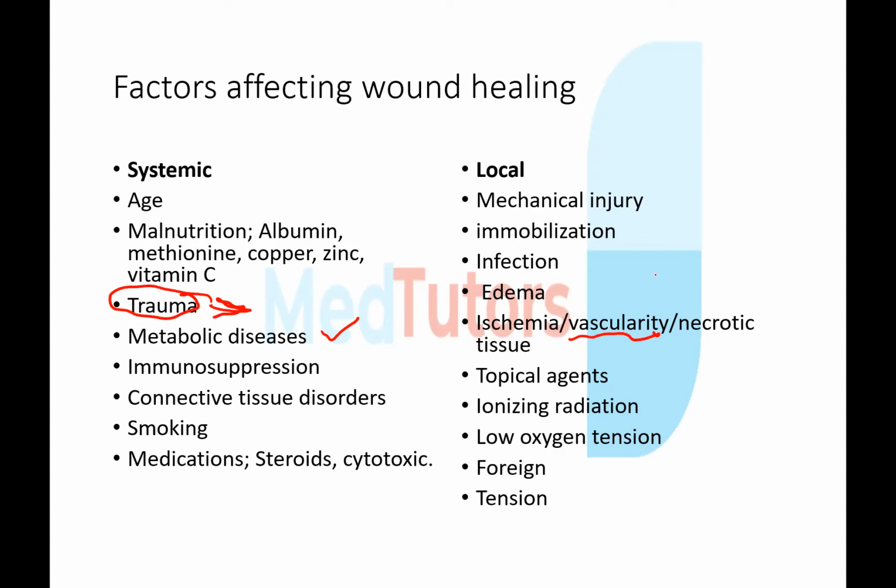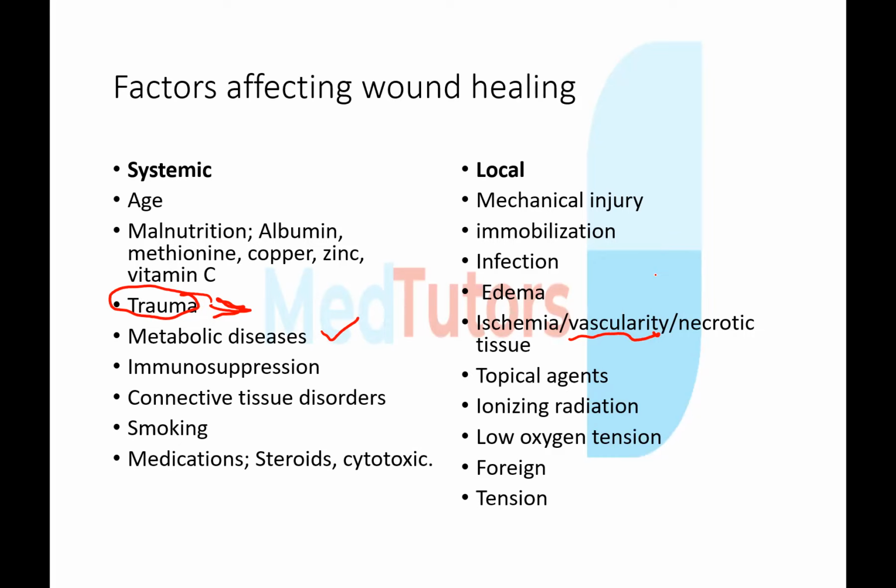For example, healing on the head and neck area, the scalp is highly vascularized, and this will aid wound healing. If you have a lot of necrotic tissue in a wound, it will prevent tissue perfusion and enhance bacterial proliferation. That's why you have to do debridement by removing dead and devitalized tissue.